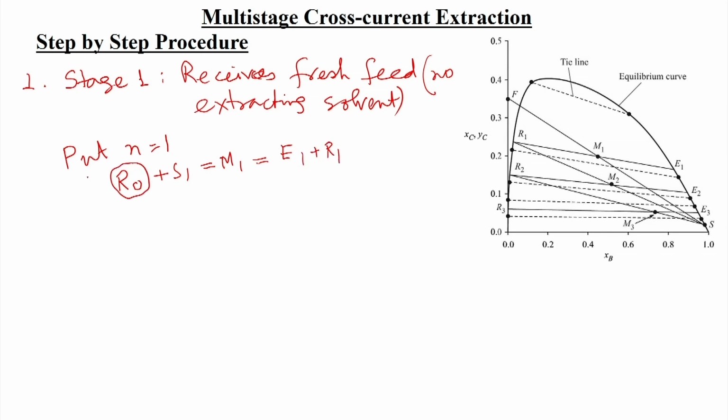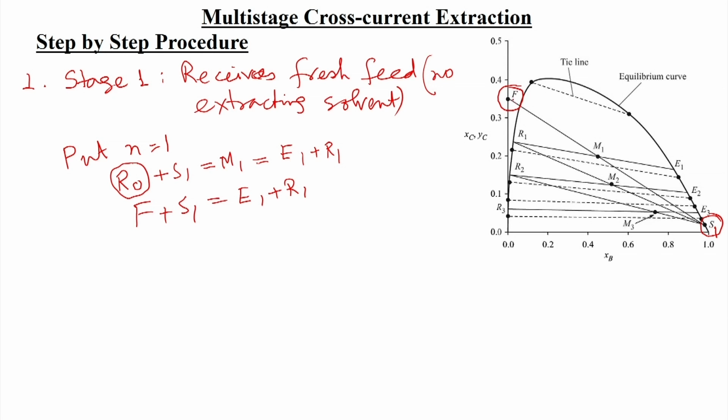This R 0 is nothing but the feed. So, we can say F plus S 1 is equal to E 1 plus R 1. Okay. Now, you see we need to locate this feed point location, because it is finalized, or known to us, and we know S 1.